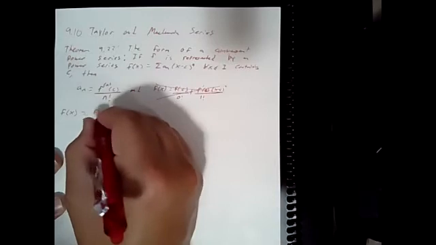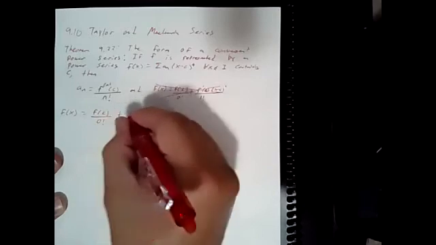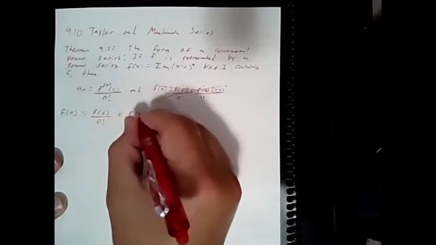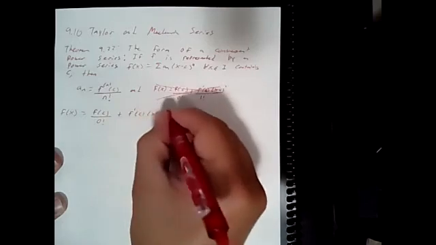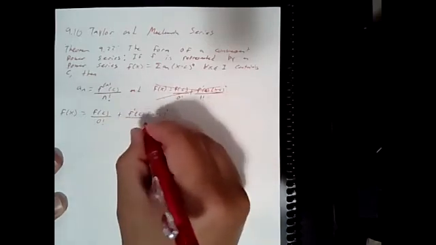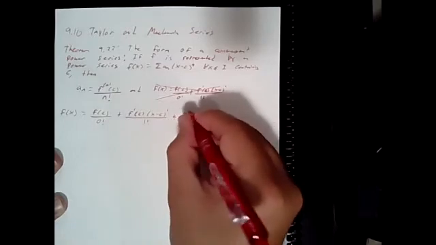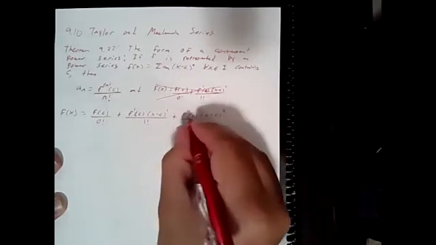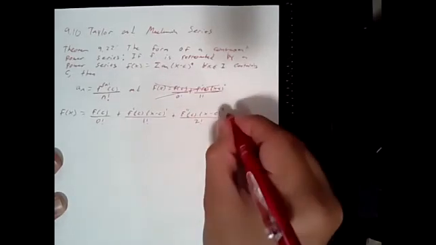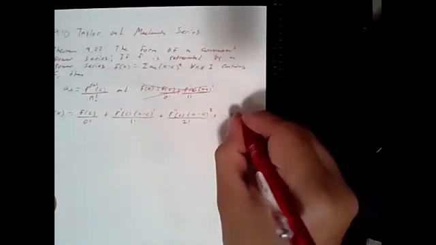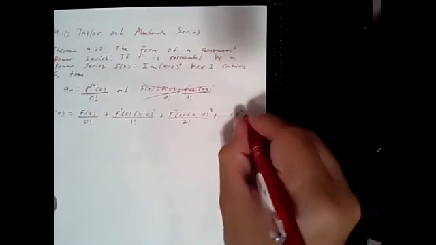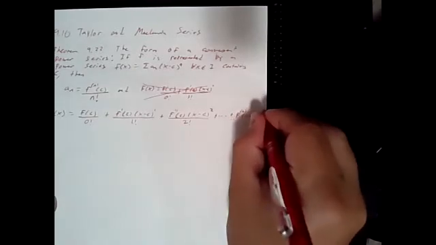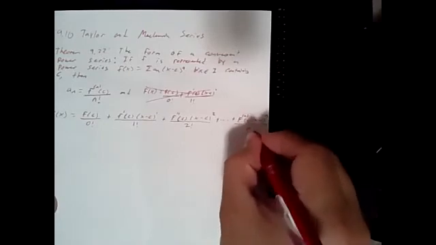When you expand f of x, it's going to be the 0 term with 0 derivatives, plus the first term with 1 derivative times x minus c to the first over 1 factorial, plus 2 derivatives at c times x minus c to the second over 2 factorial, all the way till the nth derivative of f at c times x minus c to the n over n factorial.